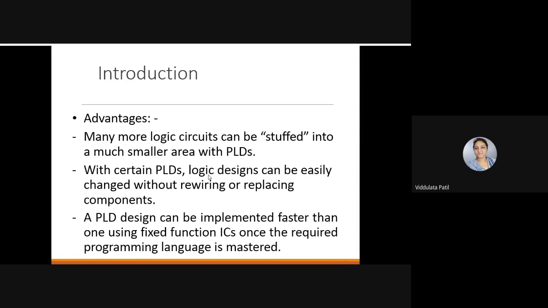Once you know the programming language for that PLD, you can easily design the circuitry, much faster than using fixed function ICs.